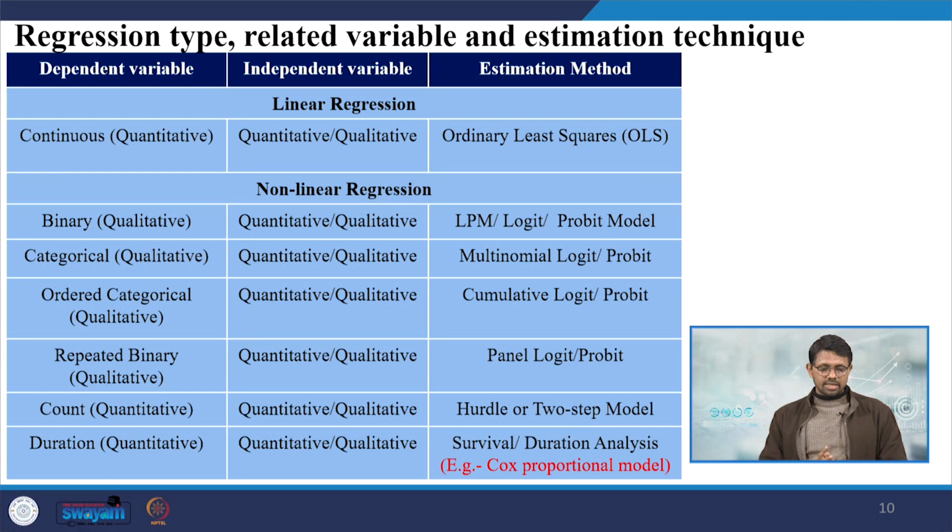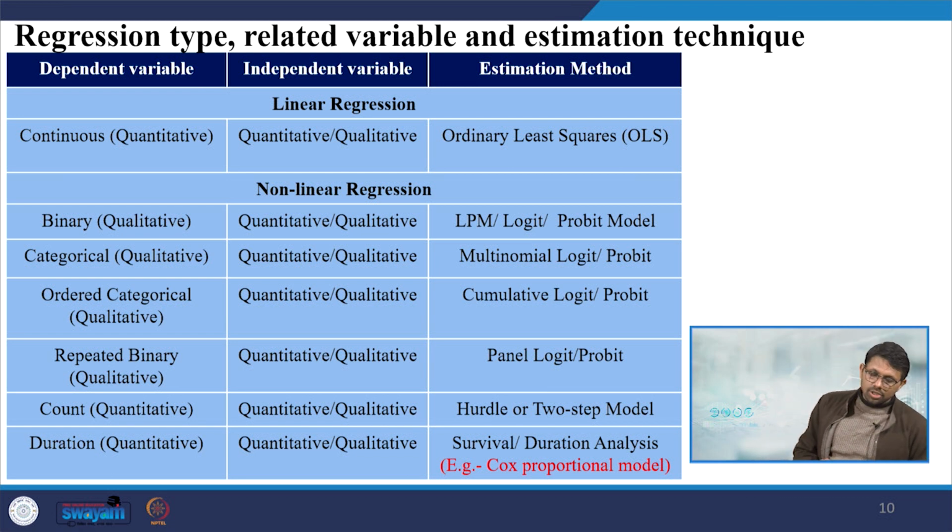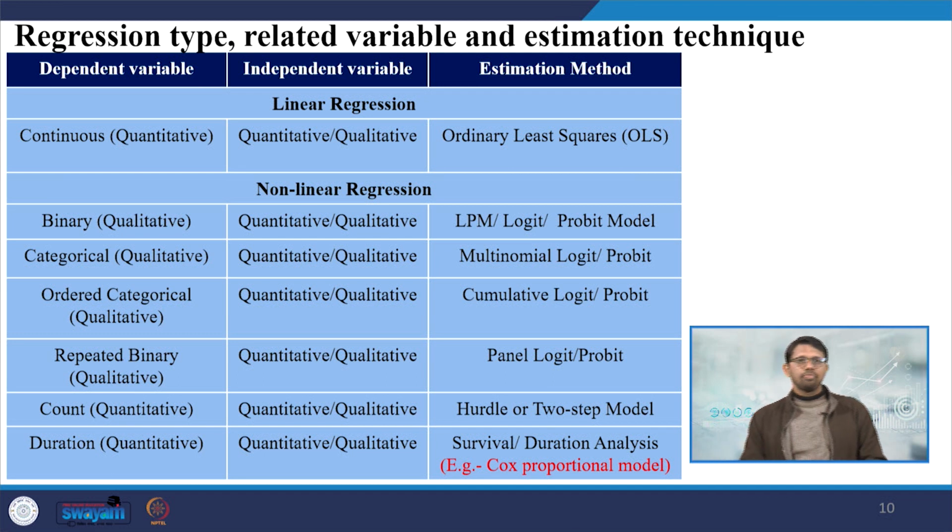Hence, whatever we discuss, we can present here in a systematic, structured format in a table: regression type, related variables, estimation techniques, etc. When the dependent variable is continuous or quantitative, then the linear regression model is suggested. The independent variable may be quantitative or qualitative.